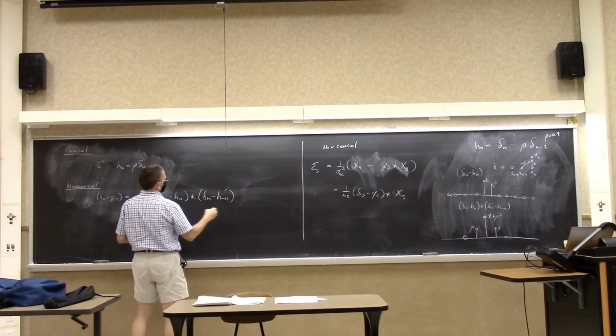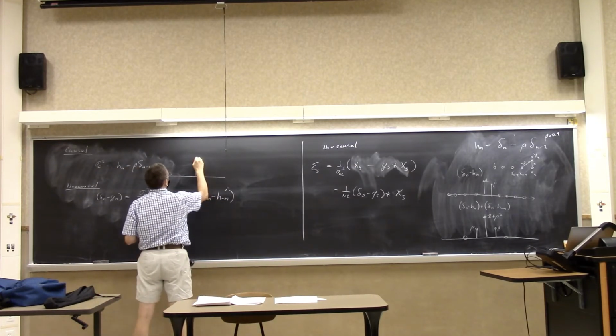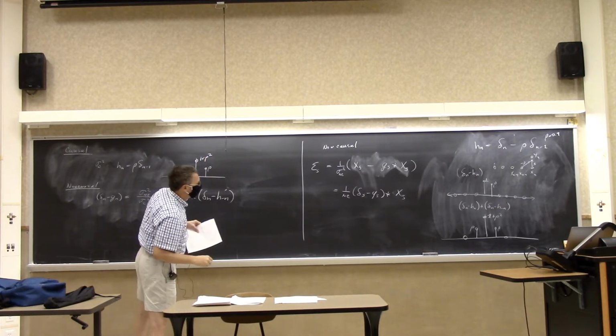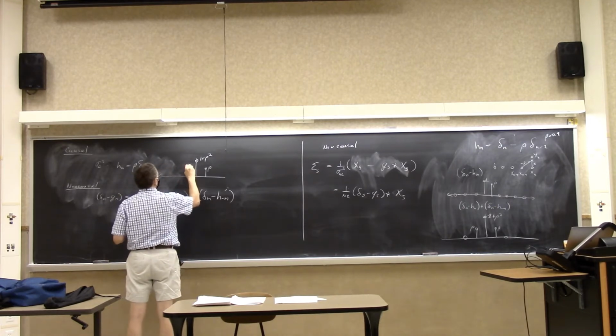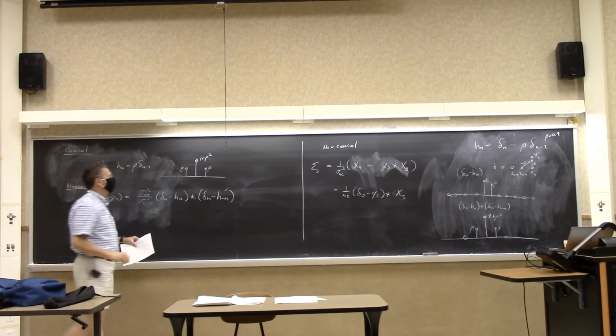That's this thing over here, so I'll just plot it again. This thing is 1 plus rho squared, and then this thing is rho, and this thing is rho, okay?